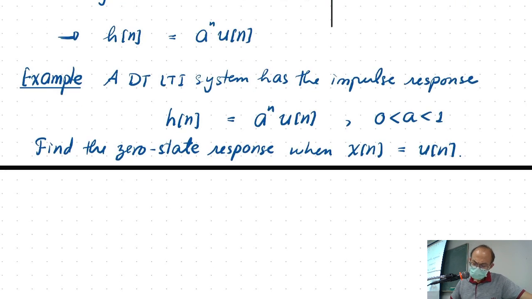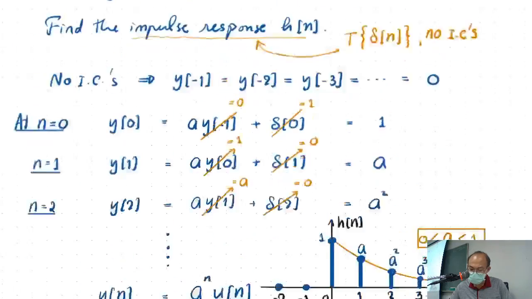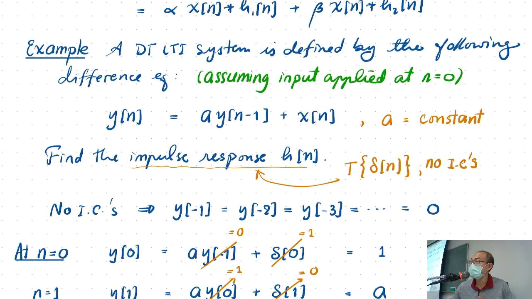Okay. So what is going on here? We have a discrete time LTI system where the impulse response is given as a to the n u of n. Actually, this system is just the system in the previous example.